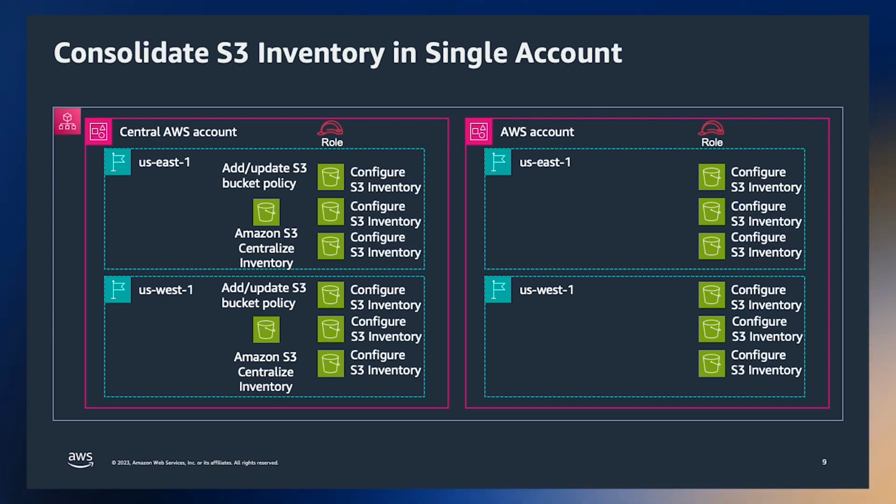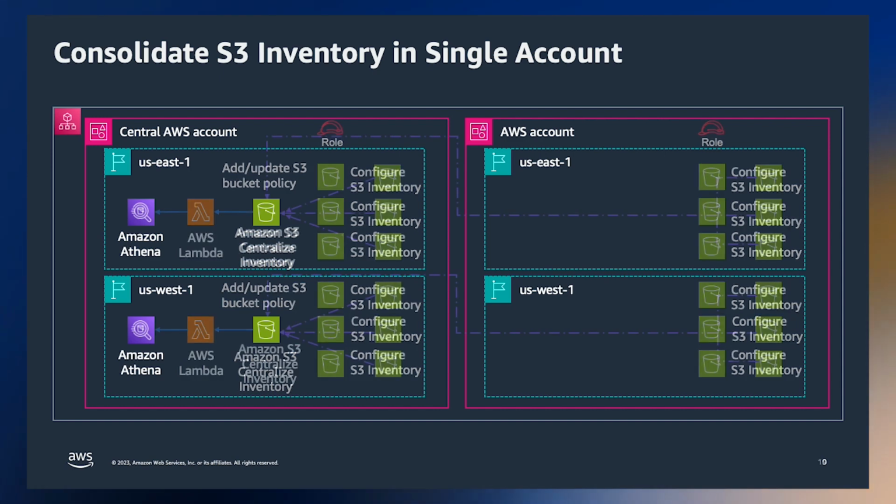Second, it configures an inventory for all the source buckets across accounts and adds an appropriate bucket policy to the destination bucket. Lastly, it creates Athena workgroups and a bucket to store Athena query results per region.